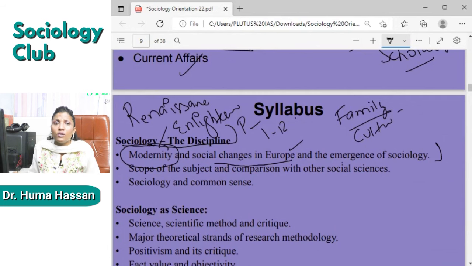To bring peace in our world, the central values of human beings have to be important. So modernity came in four ways: Renaissance, Enlightenment.